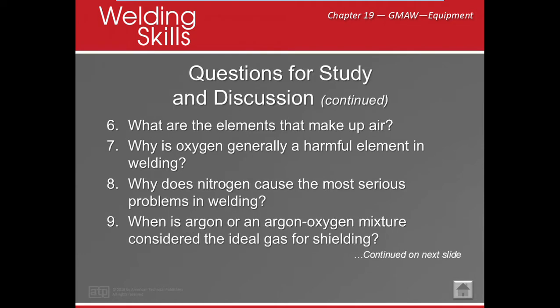All right, what are the elements that make up air? Okay, so air is made up of 21% oxygen, 78% nitrogen, 0.94% argon, and 0.04% of other gases like carbon dioxide. So why is oxygen harmful when we weld? Well, just because we breathe it doesn't make it good.